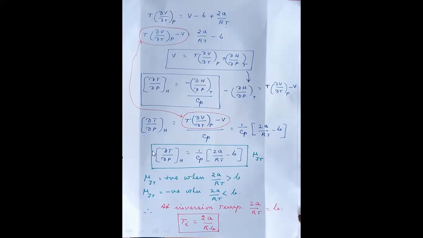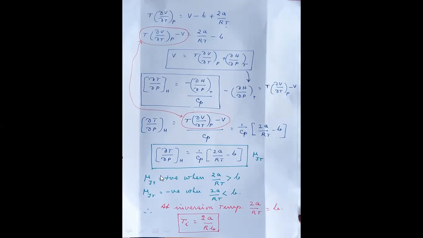So I have completely changed the equation into ∂T by ∂P at a constant H is equal to 1 by Cp. Instead of this entire term, T ∂V by ∂T minus V, which is taken from here, which is actually minus ∂H by ∂P at a constant temperature, I am going to write 2A by RT minus B. So this is the Joule Thomson coefficient of a real gas.